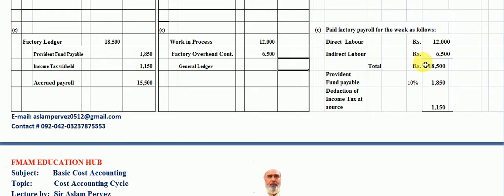And the general ledger should be credited because the payment is made to the factory's employees on behalf of the head office, 18,500 rupees here. Now students, this is the entry which is recorded in the book of factory for payroll.